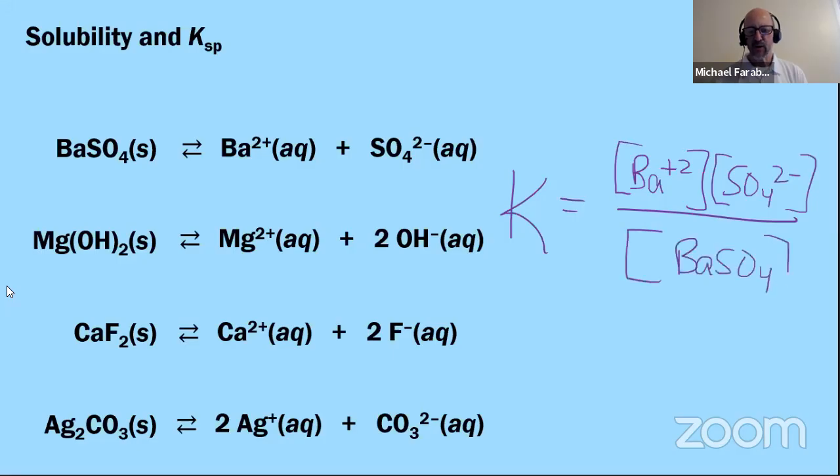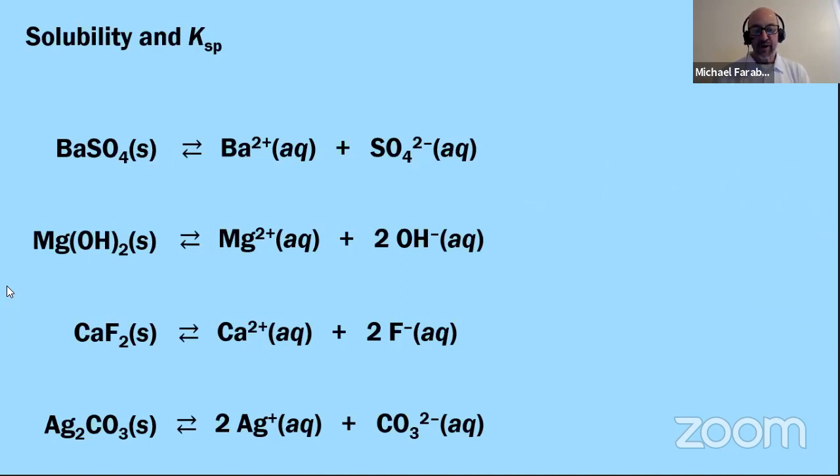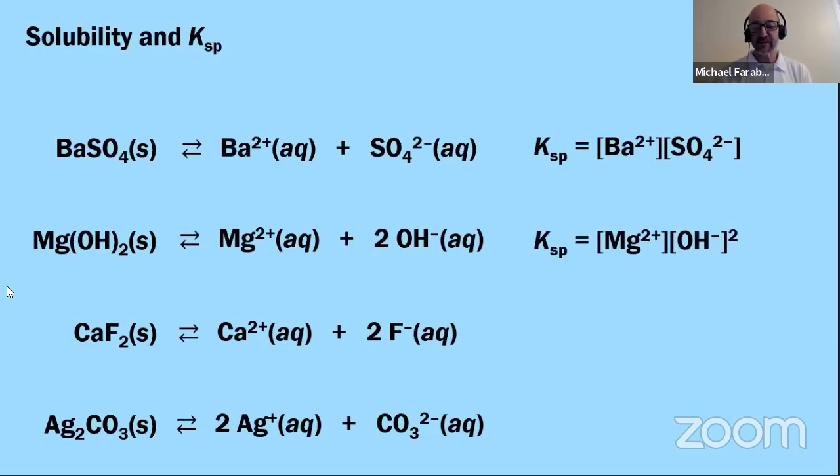But if I pay close attention to the phase of matter here, remember, pure solids and pure liquids are not included in equilibrium expressions. You can't have the molarity of a solid, or again, a pure liquid. We're going to call this Ksp, where Sp stands for solubility product. So there is no denominator in these expressions.